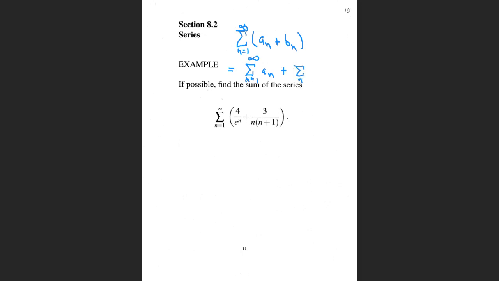Very good. So intuitively, it makes sense that we could take a series of a sum of two terms and just have the sum of the two separate series. And we can do that here as well. Let's go to the solution and see how this works.